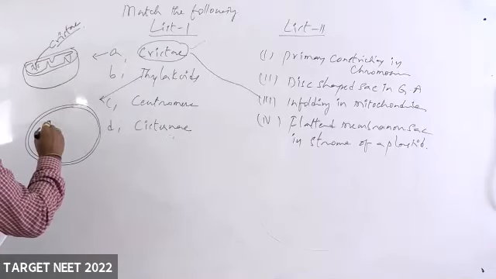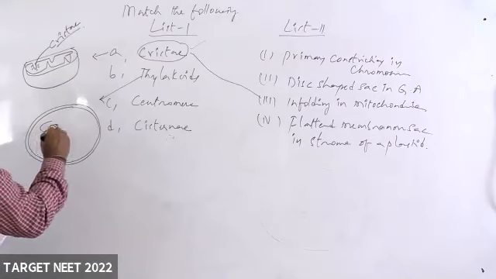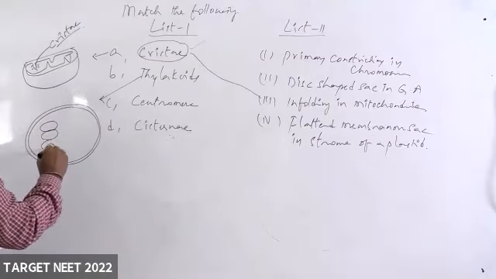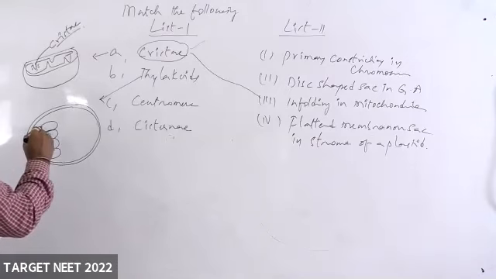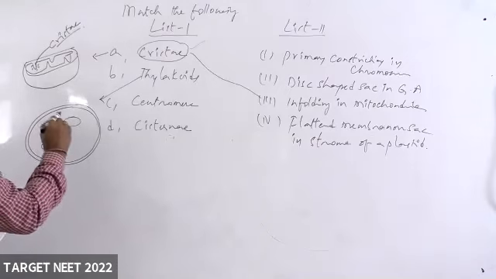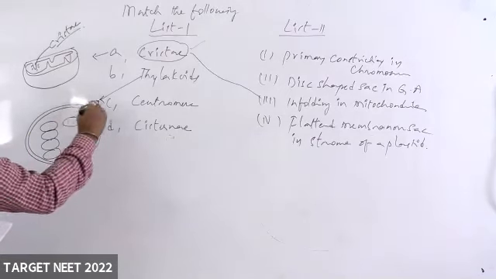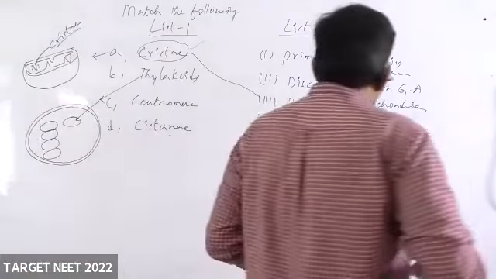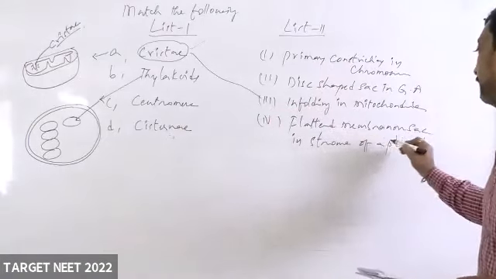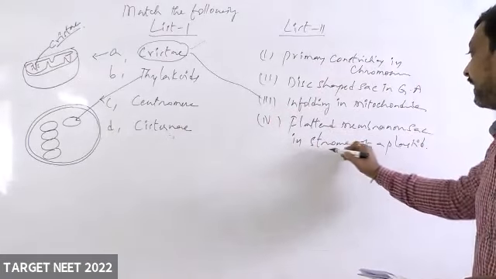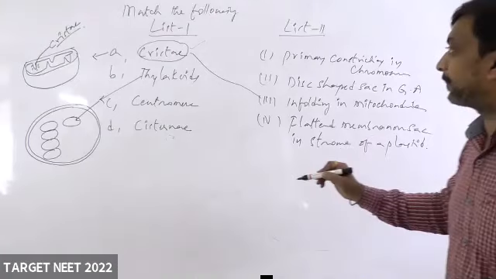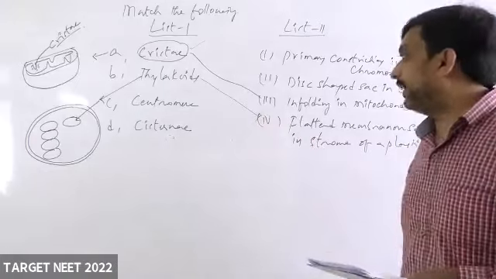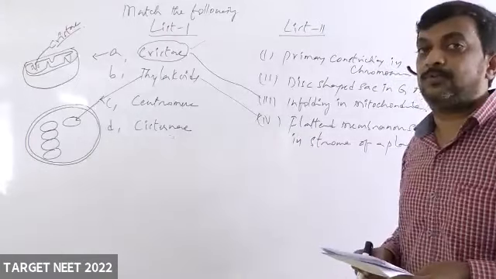In this chloroplast you can find sac-like structures, and these are what we call thylakoids. This is one thylakoid. So flattened membranous sac-like structures in the stroma of a plastid are called thylakoids. So thylakoid will go to option 4.